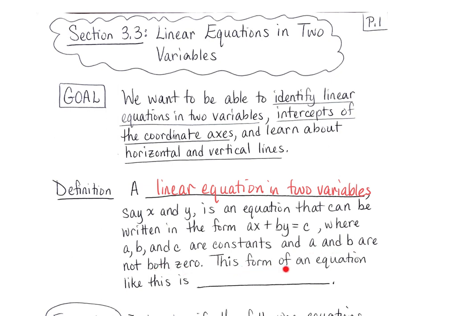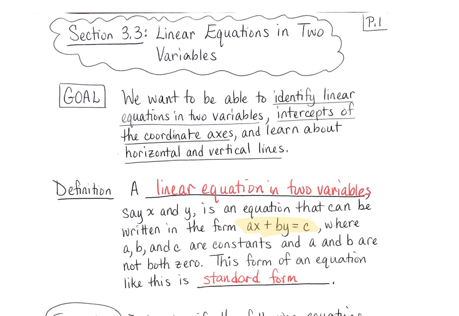This form of an equation is standard form. You'll want to remember this because throughout the rest of the chapter, you will see this. So remember, this is a linear equation in two variables, and we say that is the standard form.